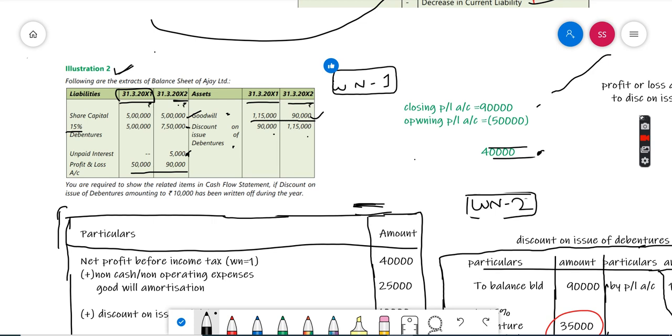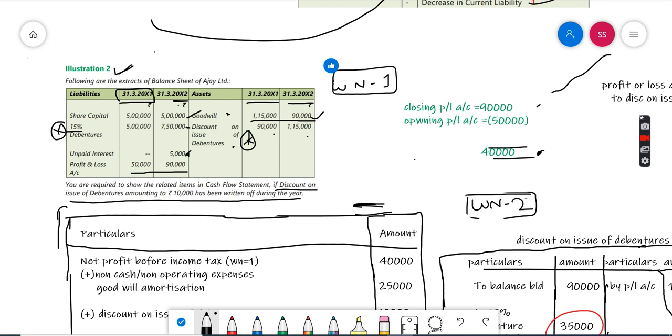You are required to show the related items in the cash flow statement if discount on issue of debentures amounting to 10,000 has been written off during the year. So we need to prepare a ledger for this because there is a change in opening and closing. Goodwill is amortization, so we don't need to prepare a ledger for that.